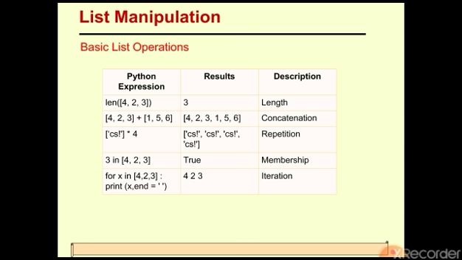Here, this star operator is used as a repetition operator, also known as the replication operator. So what does this repetition operator do? If you have a list and use the repetition operator, and after it you write a numerical value, like in this case 4 here, ['CS!'] * 4.